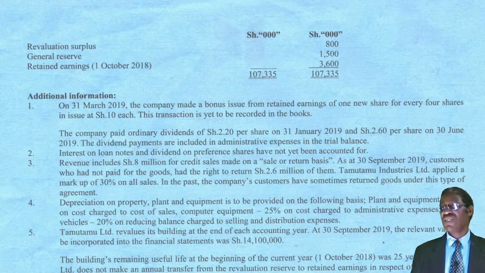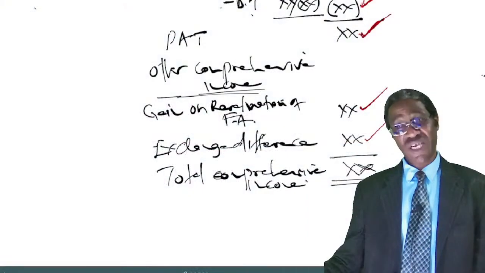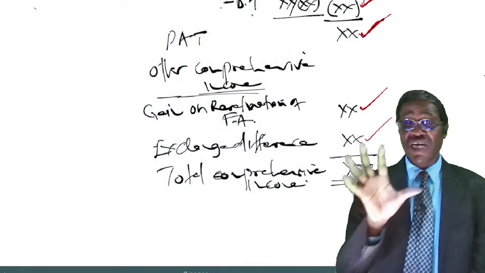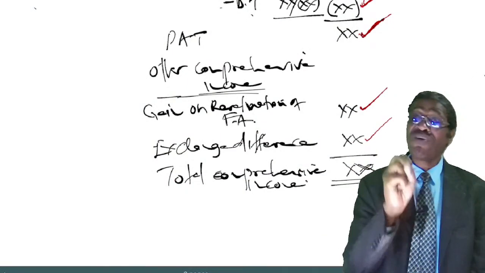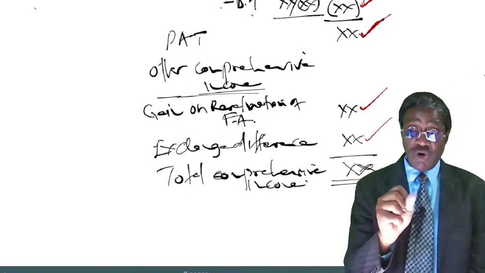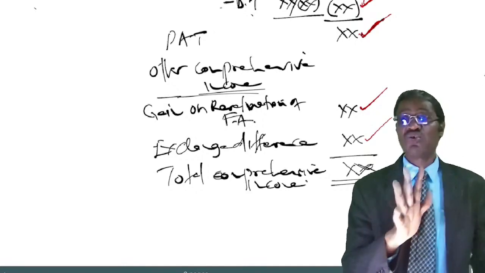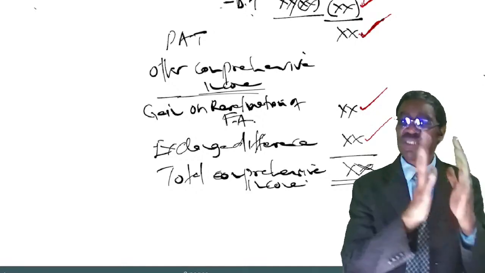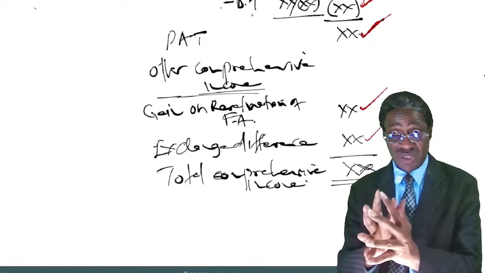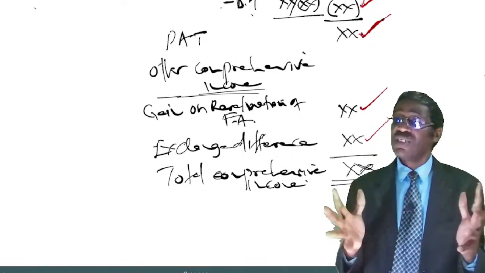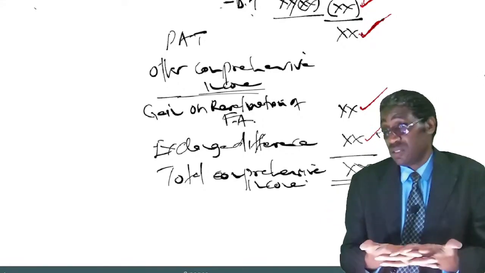Okay, let me just explain to you. What they are saying is this, that you as a company have a policy of selling some goods, not all of your goods, on what we call sale or return basis. Meaning, a customer has a right to return.